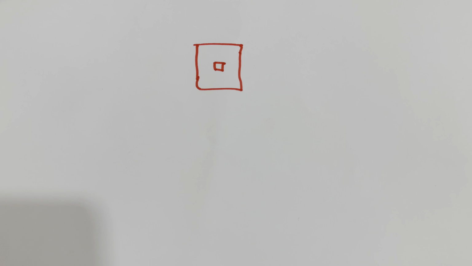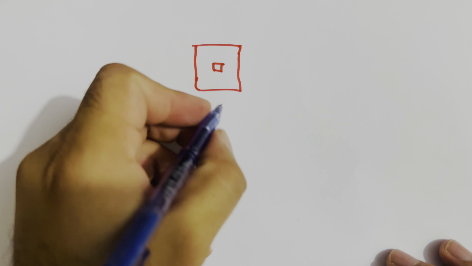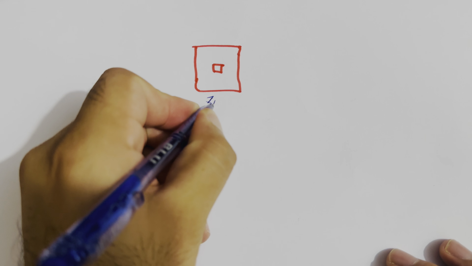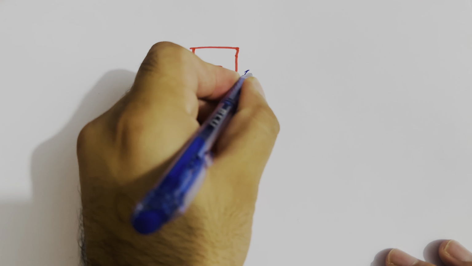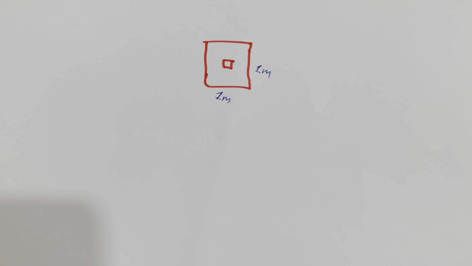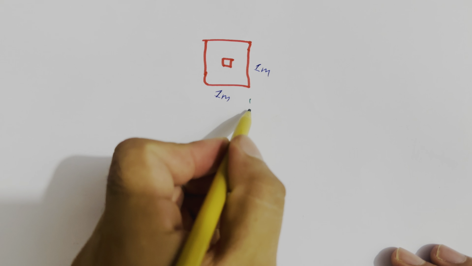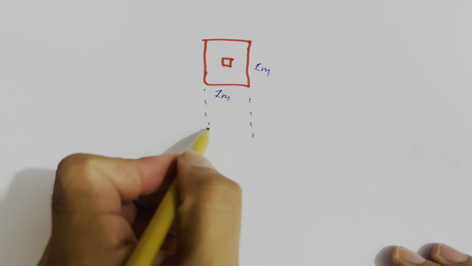The next one is, guys, depth of the footing should be minimum 1 meter. How, guys? You can see this is RCC footing, and inside this is the column. The size, as we discussed before, should not be less than 1 meter by 1 meter. Now let me make its depth. Here, guys, you can see these dotted lines show the reference line.